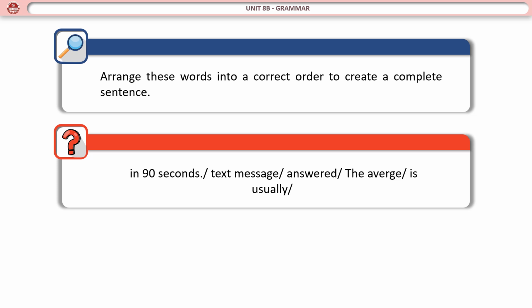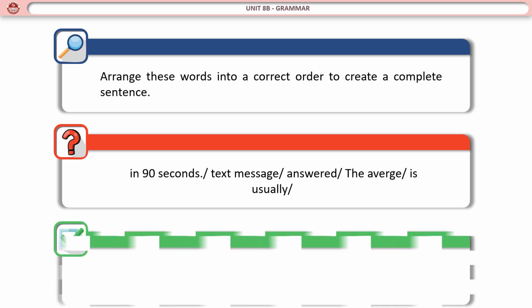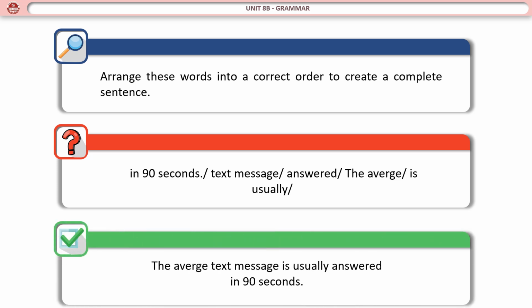All right, and the final answer would be the average text message is usually answered in 90 seconds. So let's analyze this sentence a little bit. We have the average text message, which is the subject of the sentence, right? And then we have the passive is usually answered.